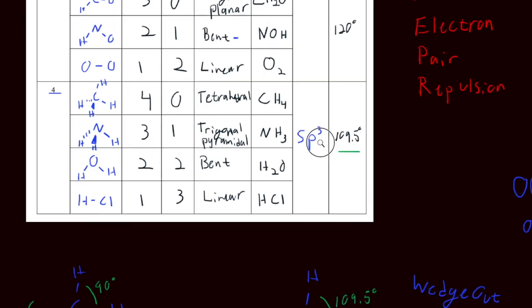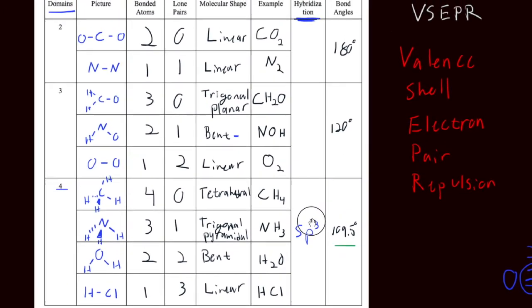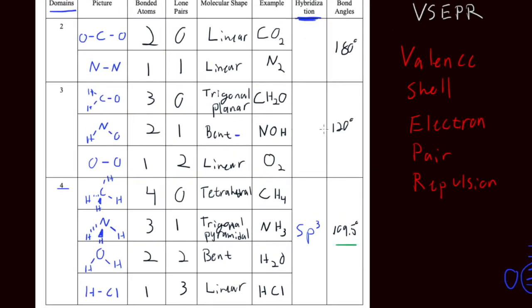Now, if I only have 3 electron domains, well then the first 3 orbitals merged together, and the last one was just left alone. And so we say that's sp2.